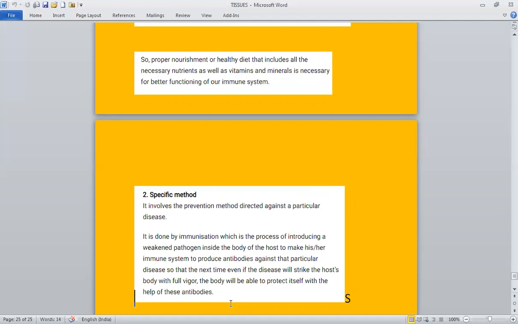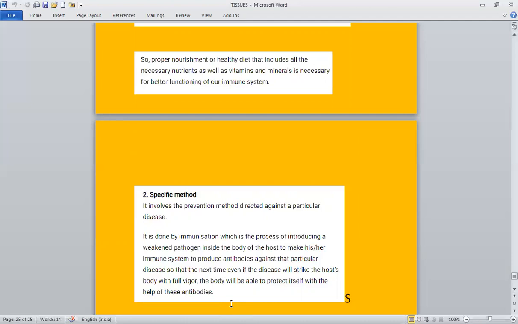Immunization is the process of introducing a weakened pathogen inside the body of the host to make his immune system produce antibodies against that particular disease, so that the next time, even if the disease strikes the host body with full vigor, the body will be able to protect itself with the help of these antibodies.